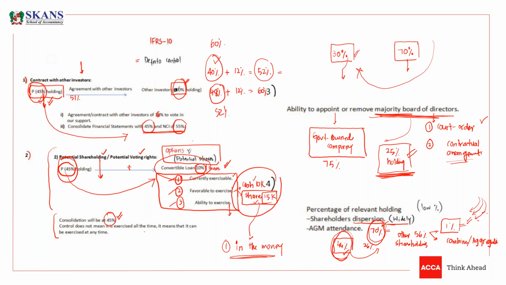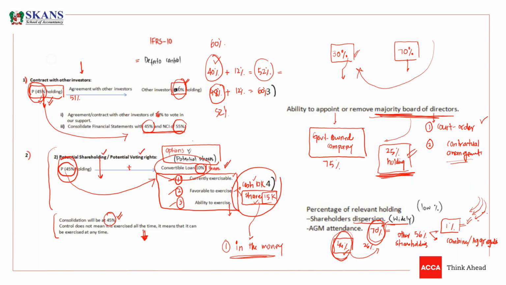Even then, we will say that this is our subsidiary, because control is not something that we exercise all the time. Control is something that we can exercise anytime. What does it mean? It means if someone is controlling the company, we have the ability to remove him or her anytime.